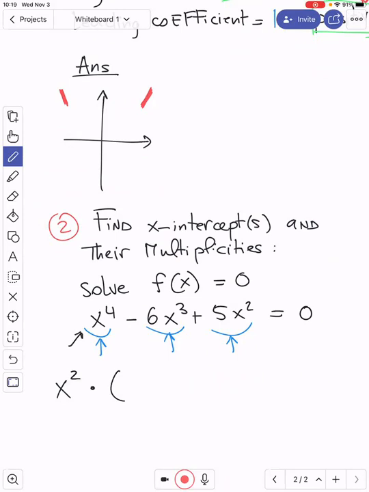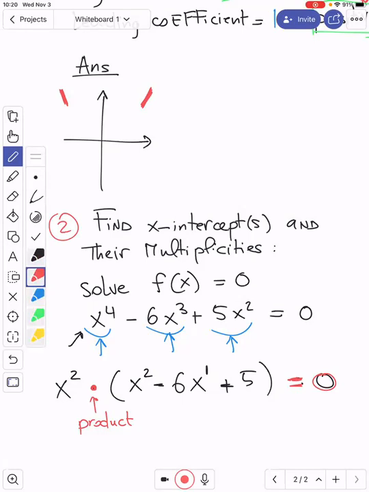Times, to get this x to the 4th, you need to multiply x squared by x squared, right? You add the powers, 2 plus 2, that'll be 4, minus 6x to the power 1, 2 plus 1 would be the cube, and finally plus 5. So again, guys, once you factor and you have a product equal to 0, then you can deduce that one of the factors is 0.